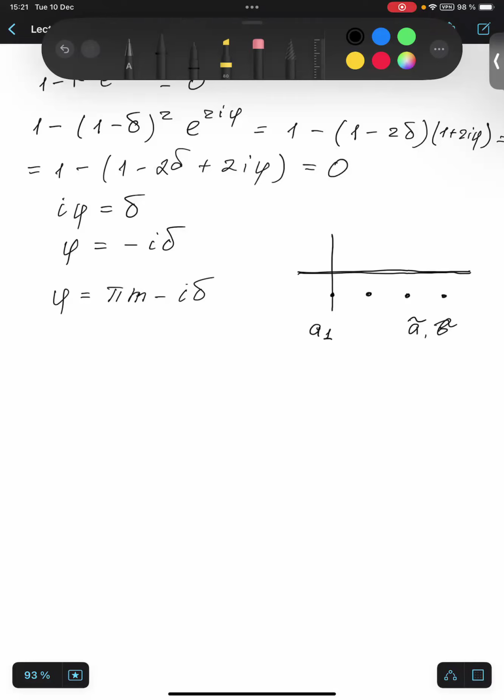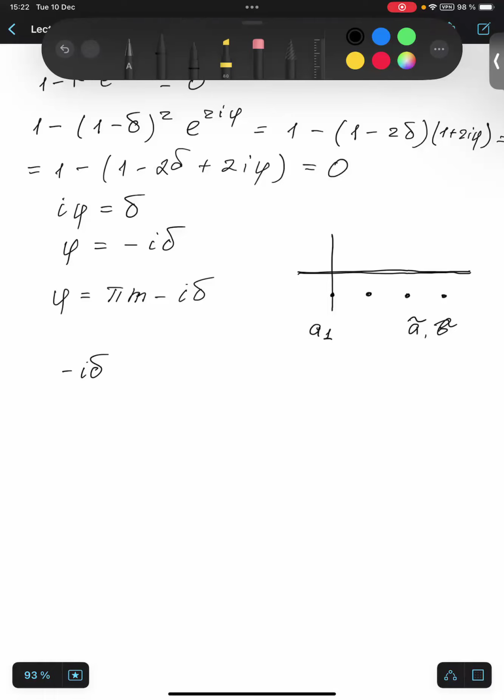So in this case, the field inside of our resonator is bigger than outside. And this minus i delta that we obtained here is nothing else but the decay rate.